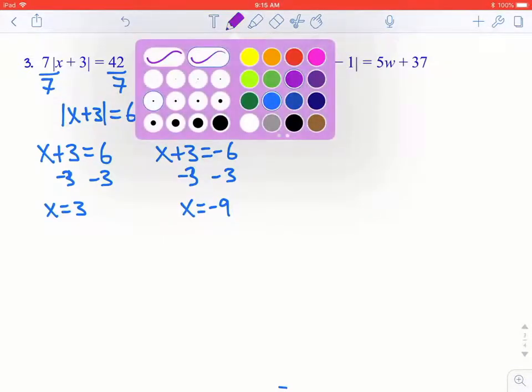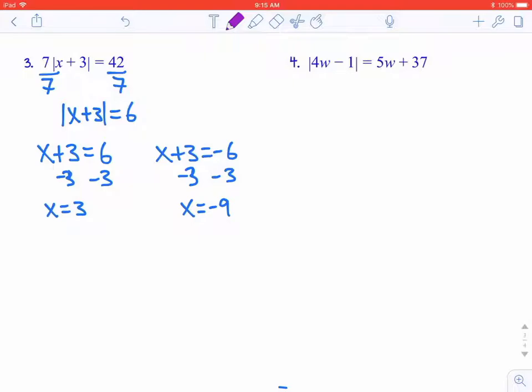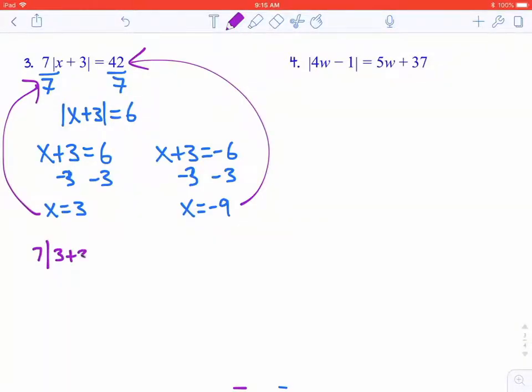But as I mentioned, we got to check our solution. So you always want to plug it back into the original problem. So 7 times the absolute value of 3 plus 3 equals 42. We're checking to see if that is true. So 7 times the absolute value of 6 equals 42 is indeed true, because that is 42 equals 42, and that does check out.